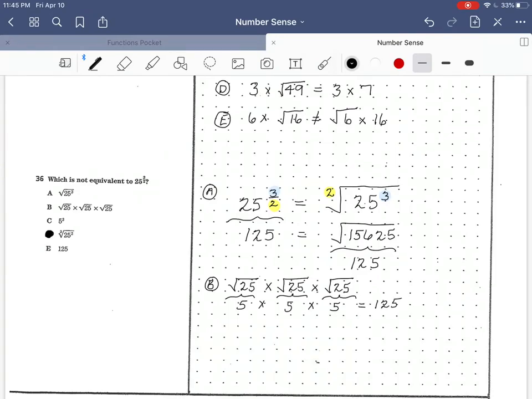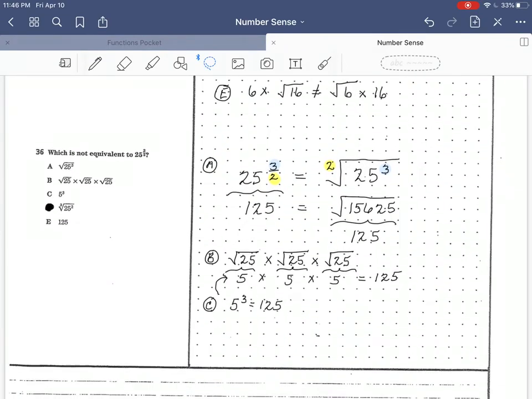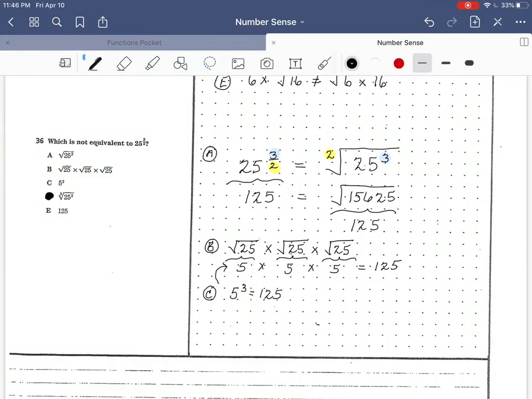So that is equal. So far we know that those are equal. 5 to the third, that's what we just did right here, expanded. That is 125. And I need some space. I'll just use the bottom here.